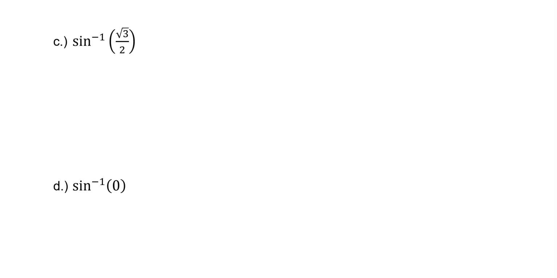So next one, sine inverse of radical 3 over 2. I'm going to set this one up the same way I just did it. What we're doing is saying sine of what angle equals radical 3 over 2. And since this is a positive radical 3 over 2, that means the answer is a reference angle. We know that sine of pi over 3 is radical 3 over 2.